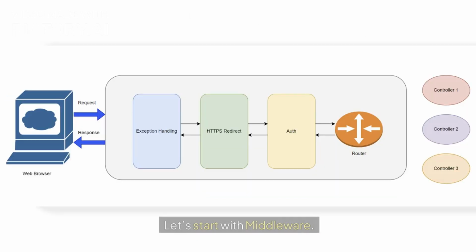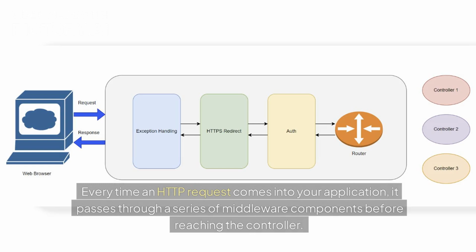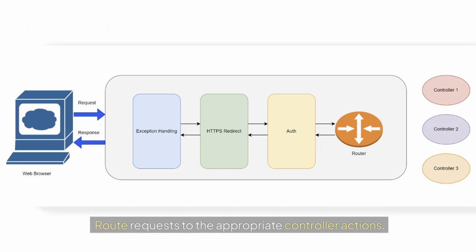Let's start with middleware. Think of middleware as the gatekeeper in your application. Every time an HTTP request comes into your application, it passes through a series of middleware components before reaching the controller. Middleware can authenticate users, log request details, handle errors globally, redirect unauthorized users, and route requests to the appropriate controller actions.